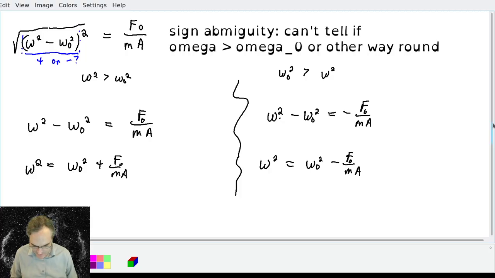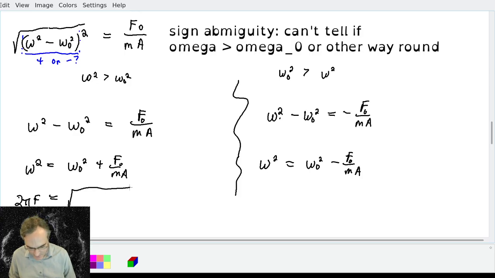Okay, and then we'll take the square root, and at the same time let's think about frequency. Omega is 2 pi times the frequency, so we'll have this and that.